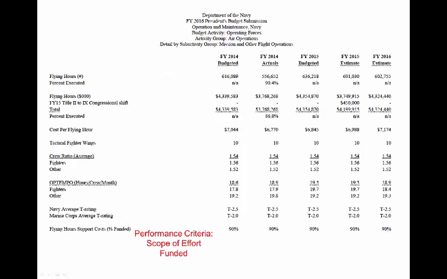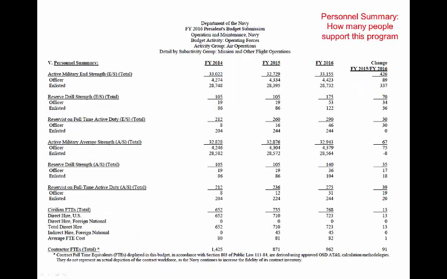We also provide information about how much we're using those aircraft and the goals that we want to achieve in terms of readiness ratings or the number of hours that a crew flies in a month to maintain proficiency. We also report on the number of people who are supporting this program. Military, civilian, and contractors that all make this flying hour program possible.